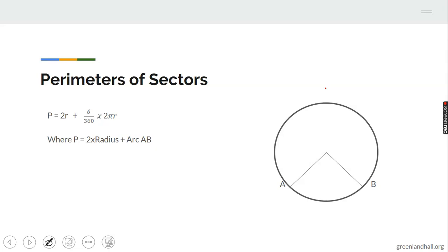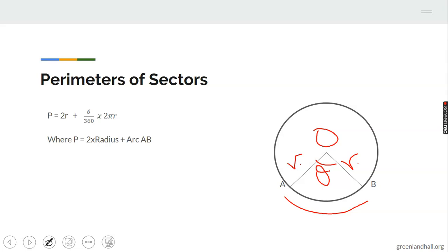perimeters of sector. This is a sector, the center O, bounded by 2 radii. So how do we get the perimeter? It's going to be this plus this, then plus the length of this arc AB with an angle of theta at the middle.